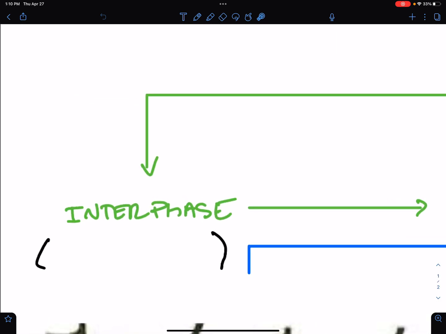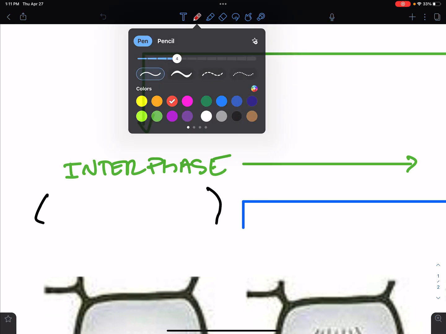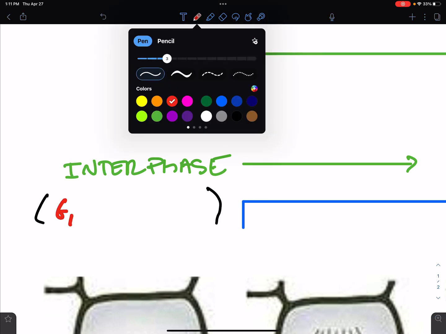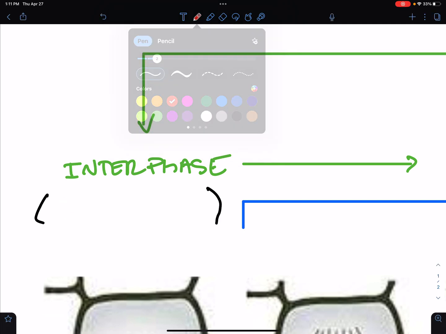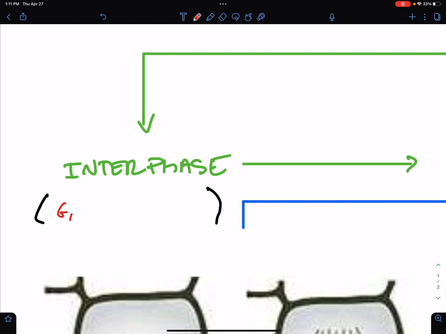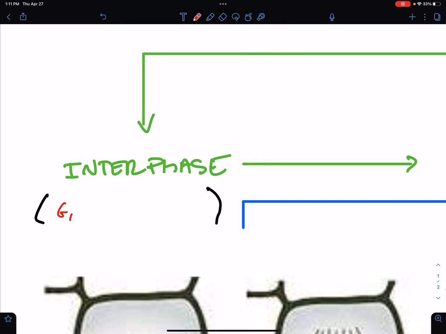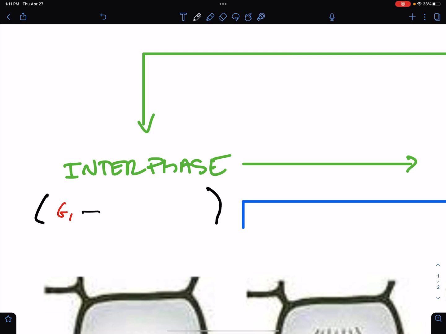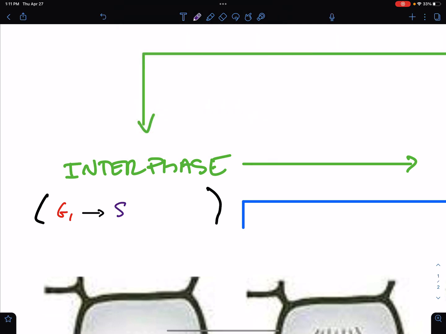Interphase is composed of 3 phases. We called them G1, which was growth or gap 1, which is followed by the S phase, which stands for synthesis phase.